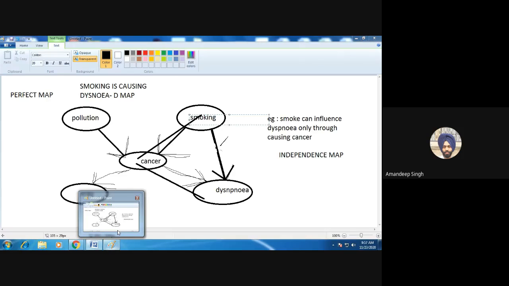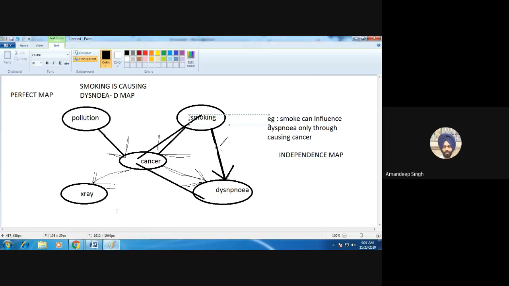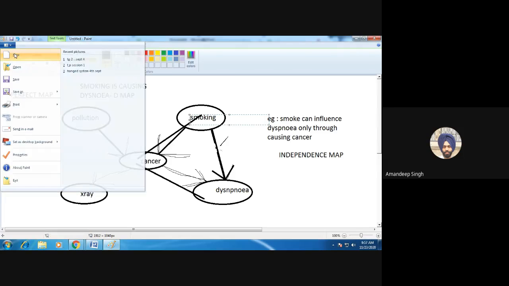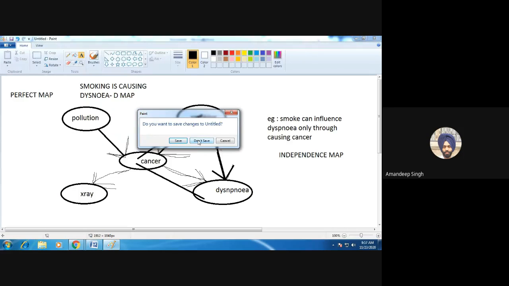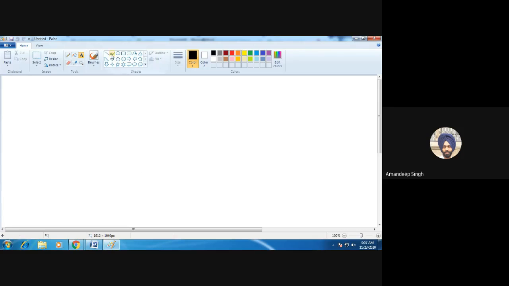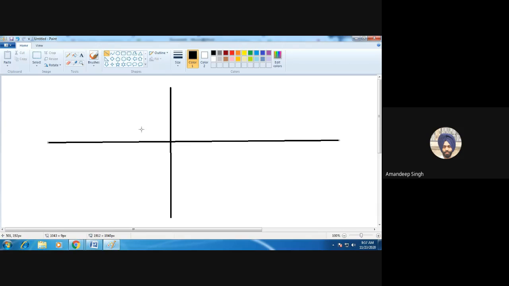So we'll see the different types of reasoning that can exist in this scenario. We have different kinds of reasoning, and what are those different kinds we will try to see here. That is, we have basically four different categories of reasoning here.